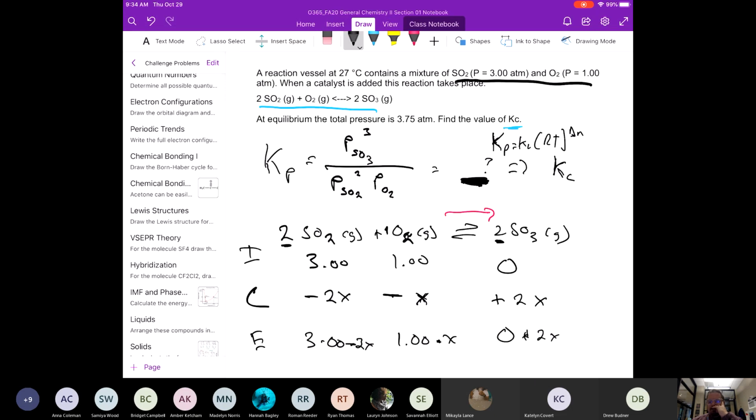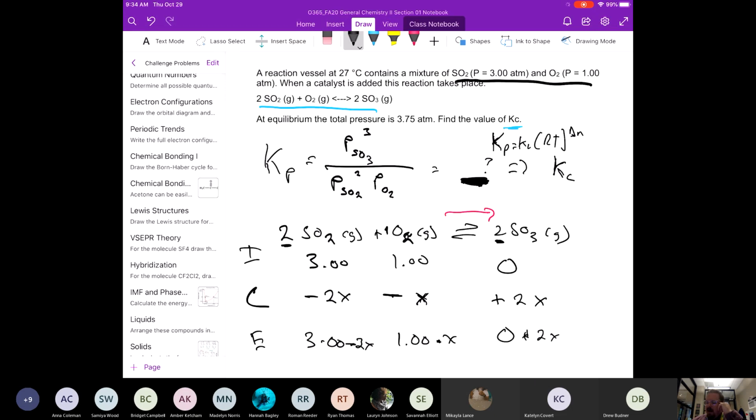Okay, everybody, this is what we refer to as an ICE table. We're setting up the initial conditions, predicting which way we have to move to get back to equilibrium, and then moving that mass by either subtracting or adding.